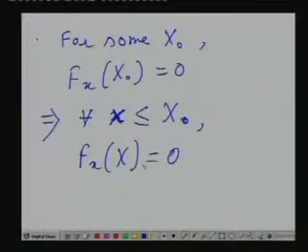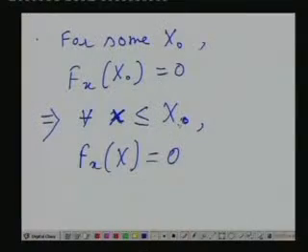Again, this comes from the previous two theorems, that firstly f of minus infinity is 0 and the probability distribution function is a non-decreasing function. Because if you consider any x which is say less than x naught, if it is equal to x naught, this is already given. So, if it is less than x naught, then you have got this thing.